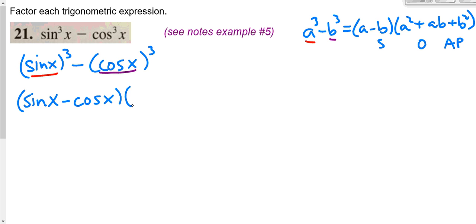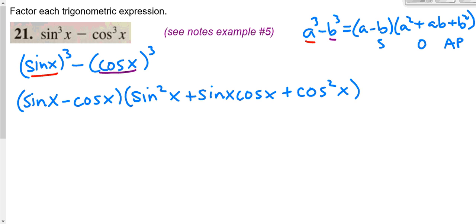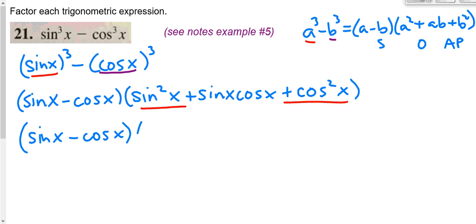And then we multiply it by a squared, sine squared x, plus ab, sine x cosine x, plus b squared, which would be cosine squared x. Notice that we have sine squared x plus cosine squared x, which is 1. That's a Pythagorean identity. So let's replace that with 1. So we have a factor of sine x minus cosine x, and then we have a factor of 1 plus sine x cosine x.